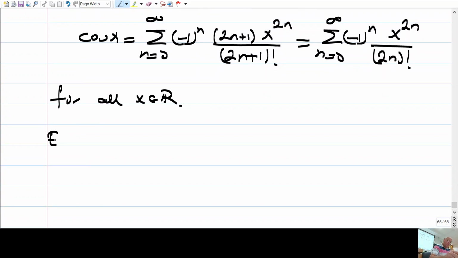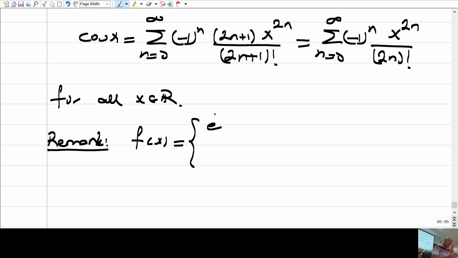Let me maybe remind, I mean, give as a remark, this function f of x, e to the power minus 1 over x if x is positive and 0 otherwise.